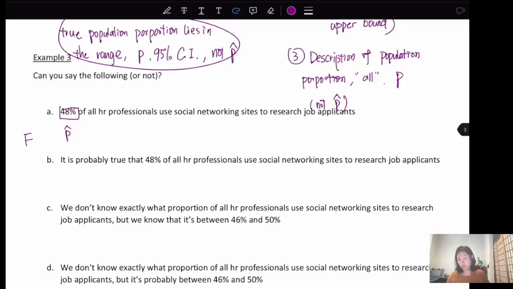It's not a confidence interval statement because the sample proportion is not equal to the population proportion.